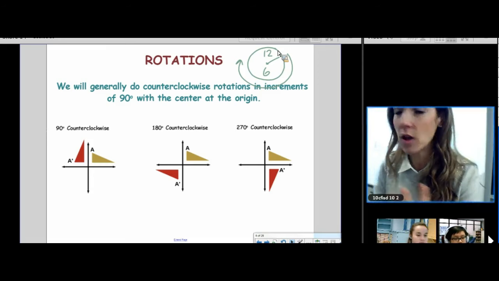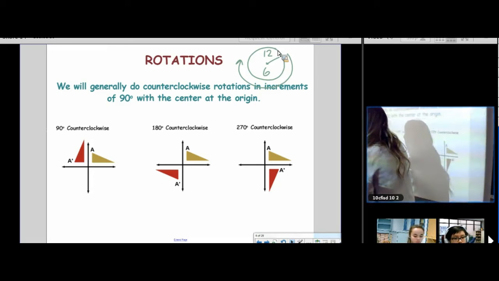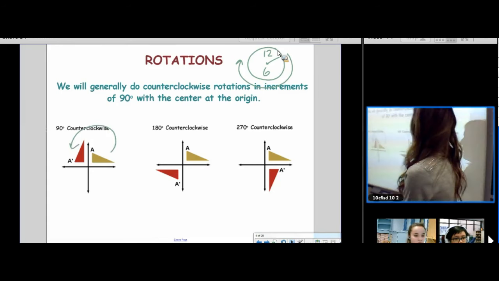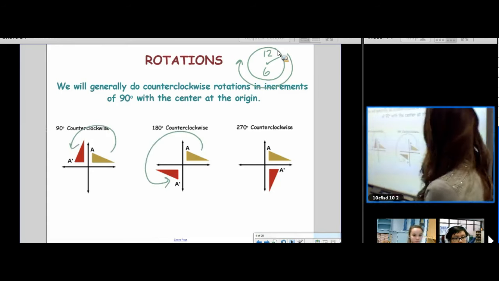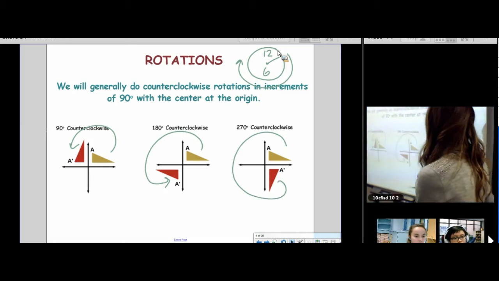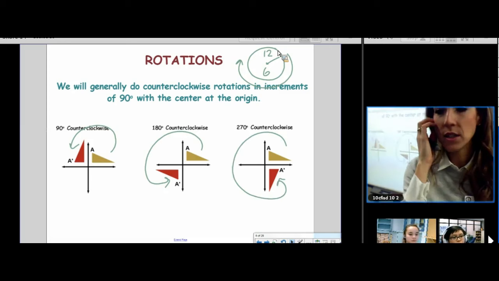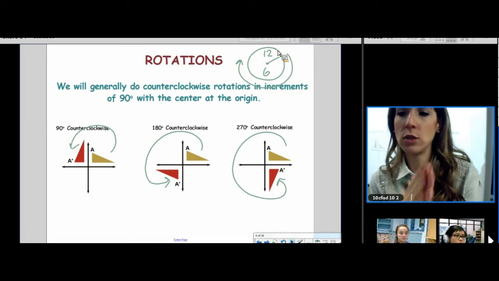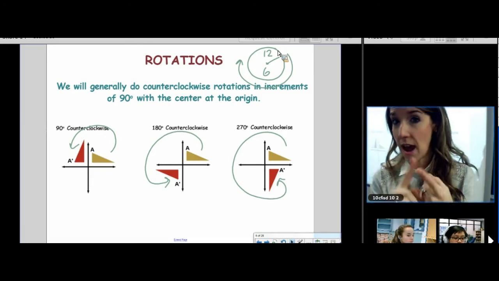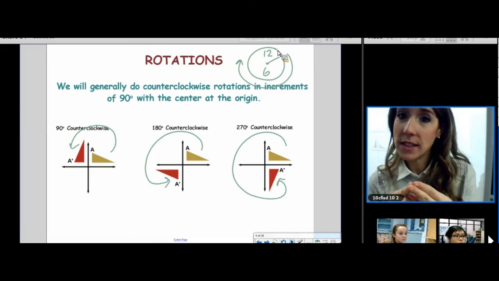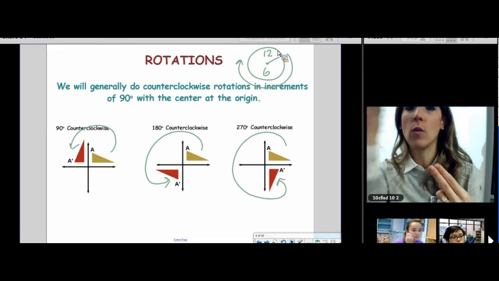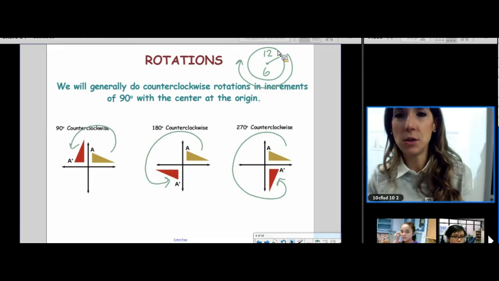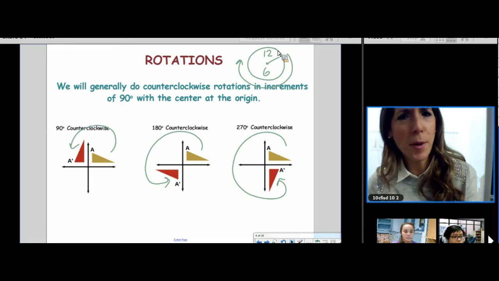So counterclockwise means we're going to go opposite the way that a clock does. So these are our go-to basic rotations. They're going to be counterclockwise, and they're going to be in increments of 90. 90, 180, more, 270. What would it be if we rotated 360?